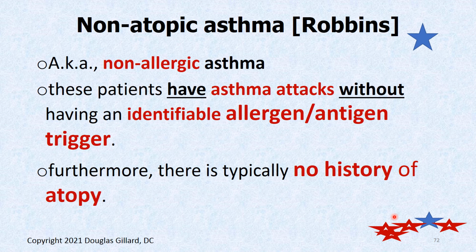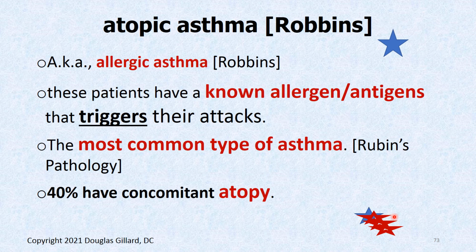It's not cigarette smoke, doesn't seem to be. It's not going to a polluted city. It's not cat fur. They don't know what it is. It just happens. And even more confusingly, they're usually not atopic. They don't have any allergies, and their parents don't have allergies. So this can be a really mysterious one.